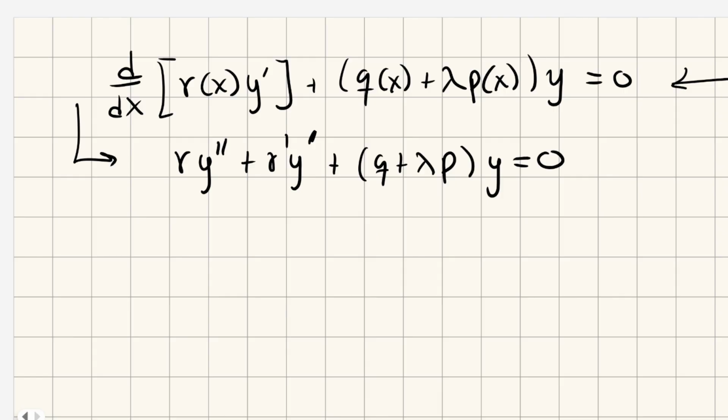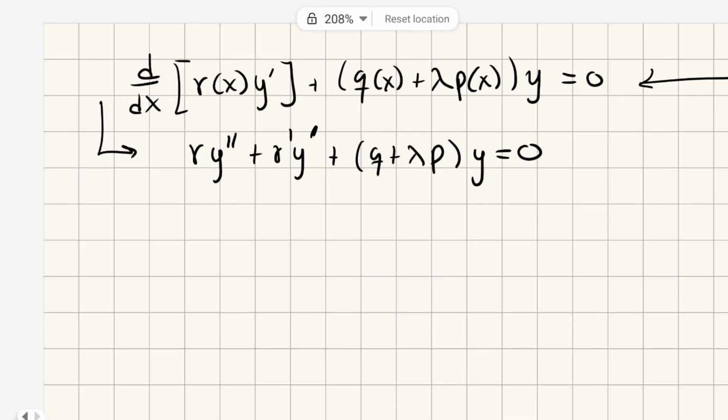I mean that if we have a second order differential equation, it doesn't matter if we do not have the derivative of the coefficient in front of the y prime. So we are going to construct a Sturm-Liouville problem equation from a general second order differential equation that has this structure that we have here with the q, the p, and the lambda.